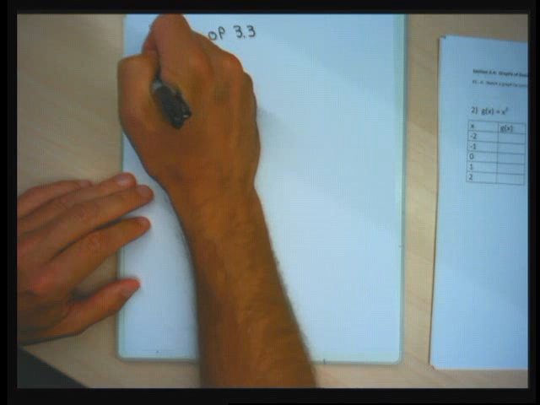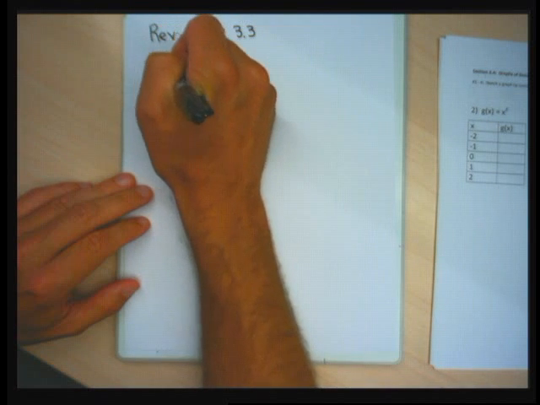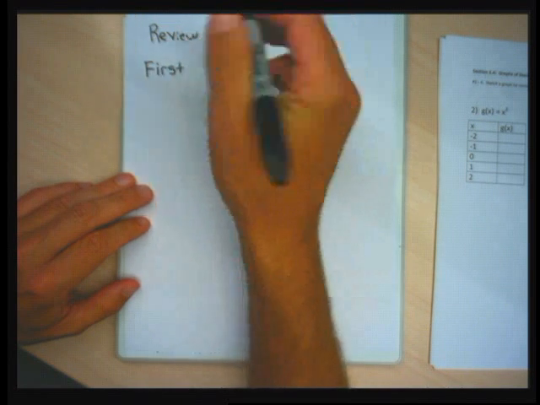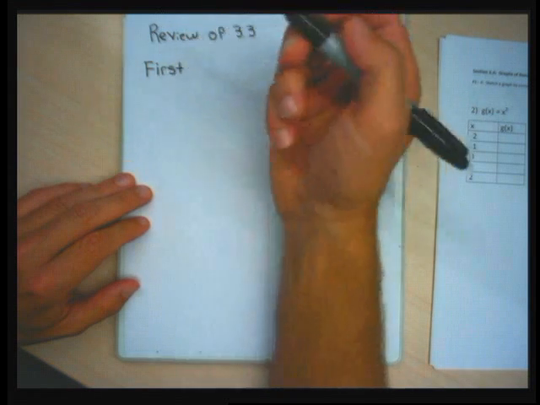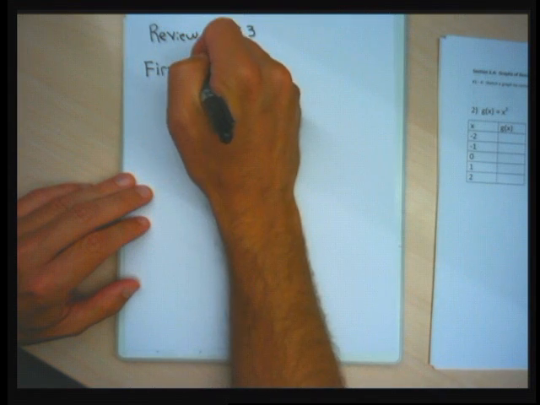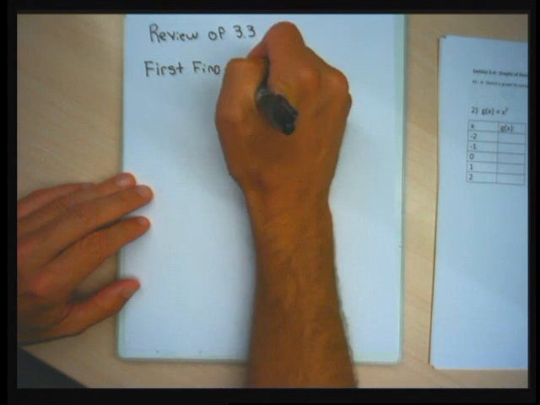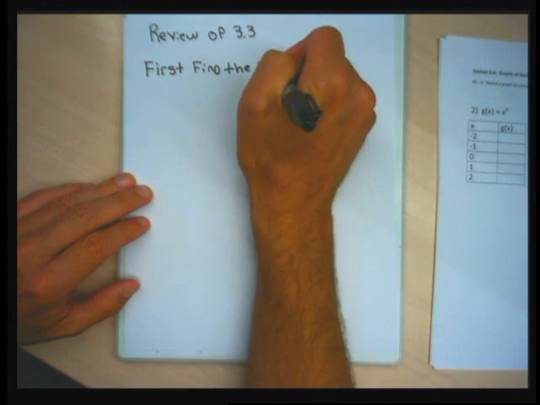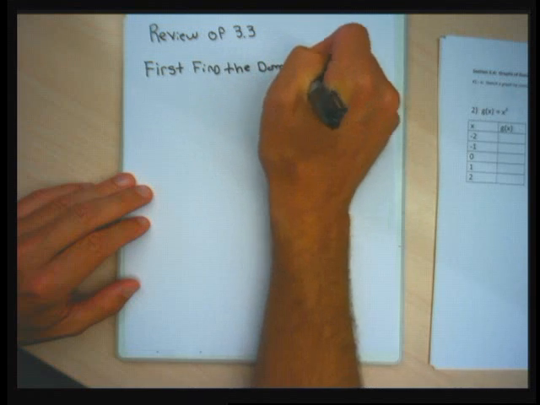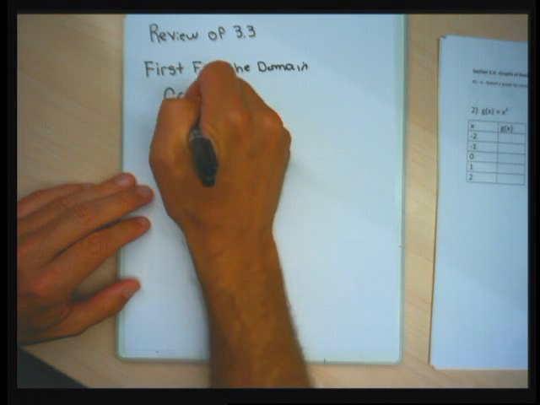So the first style of problem that will almost guaranteed be on your test is a problem where I give you a function written as an equation and I ask you to find the domain but not the range.